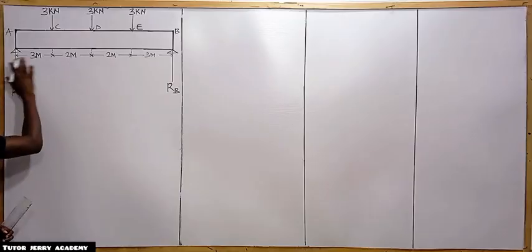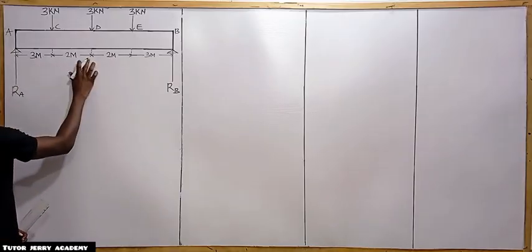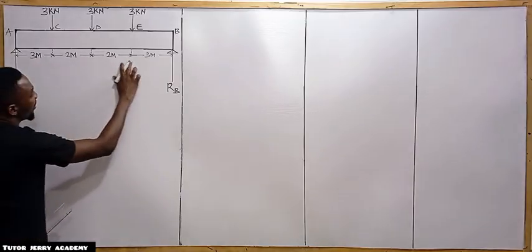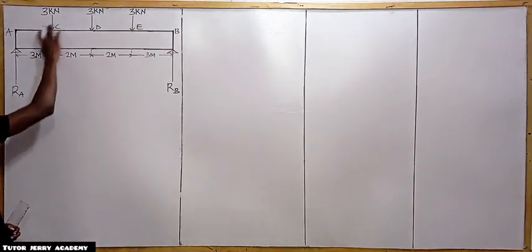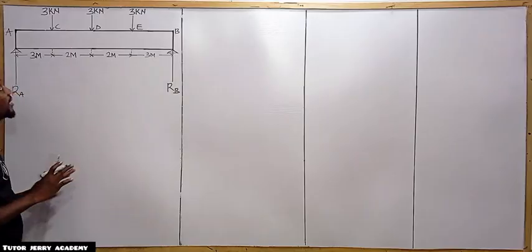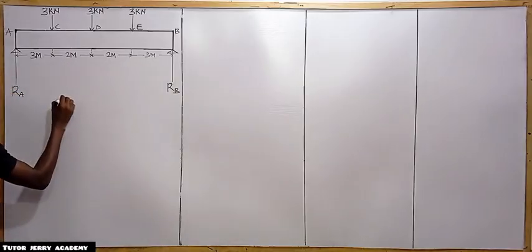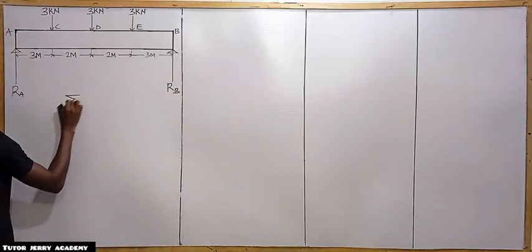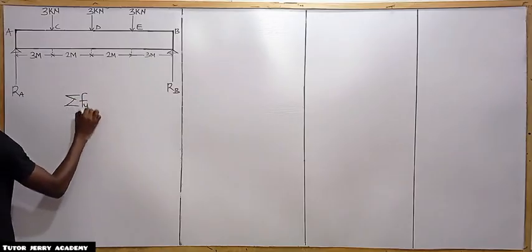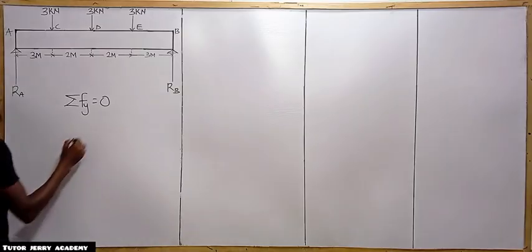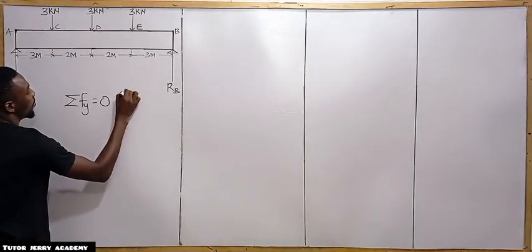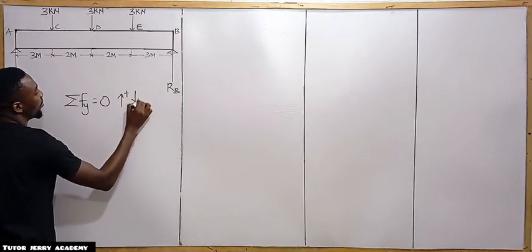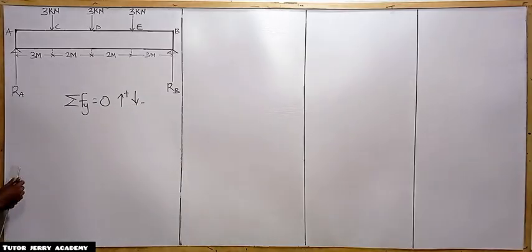You can see the distance from here to here is 3 meters, here is 2 meters, here is 2 meters, while here is 3 meters, and the loads given to us are 3 kilonewtons. So we are going to take the sum of the vertical forces to be equal to 0, taking upward force as positive and downward force as negative.